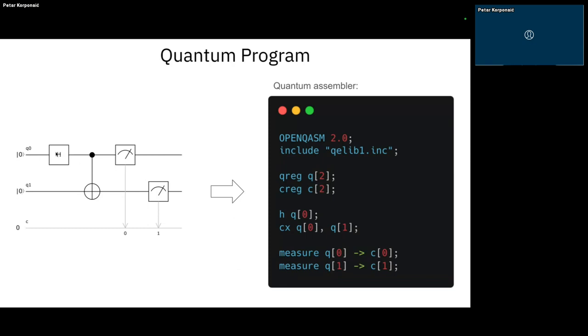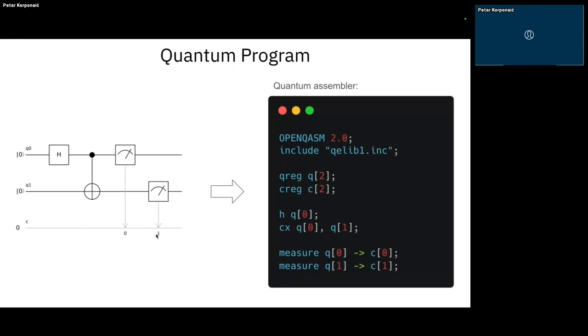We perform Hadamard gate. Then we execute C naught gate, controlled naught or controlled X, and then we measure first qubit, we measure 0 or 1, which will be written into this classical register. And then we perform measurement on second qubit, where we will get 1 or 0.